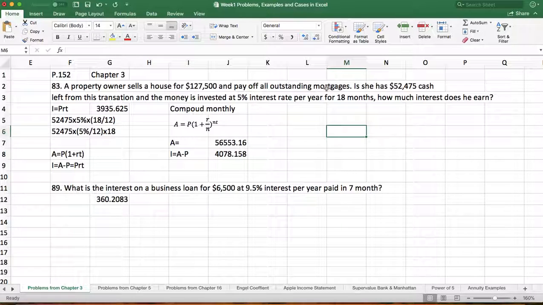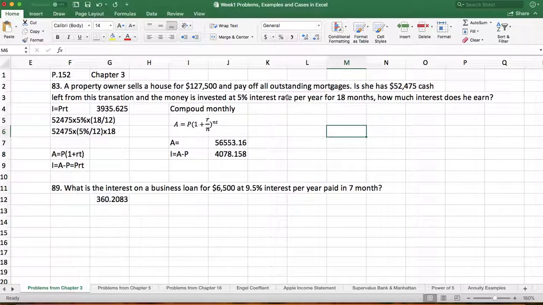This problem might confuse you at first because we just learned simple interest and compound interest. So what formula am I going to use?